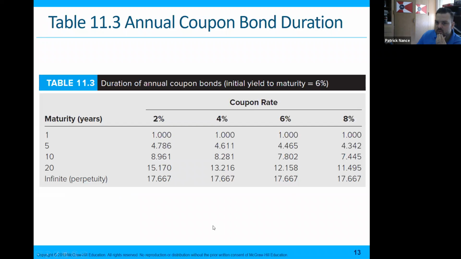So duration of annual coupon bonds: the initial yield to maturity in this table is 6%. And then we have the coupon rates for different bonds, a 2% coupon rate versus a 4% coupon rate. Notice that as we increase the maturity years, we increase the duration per year.